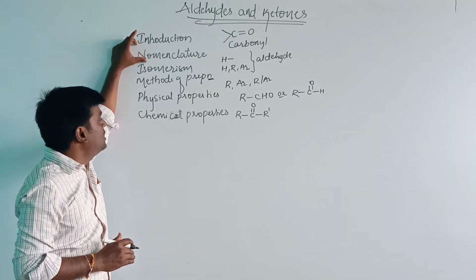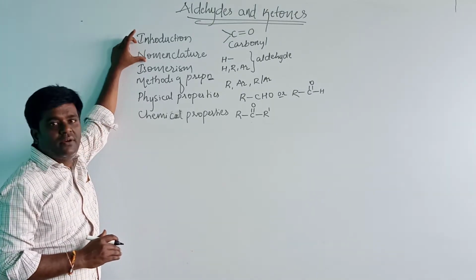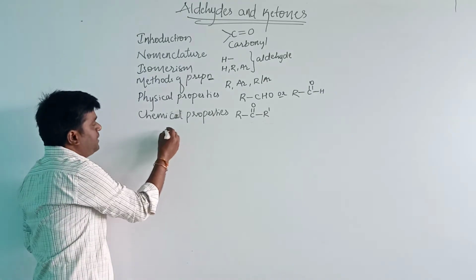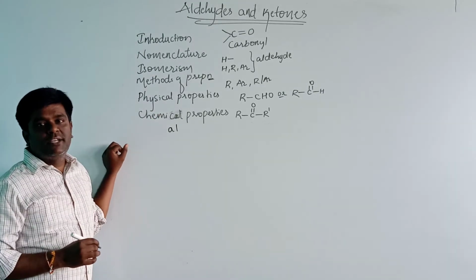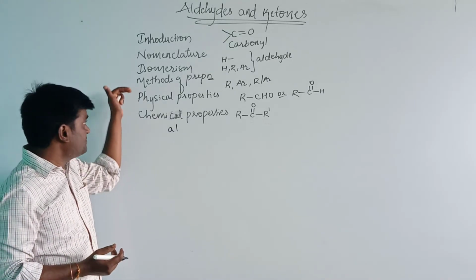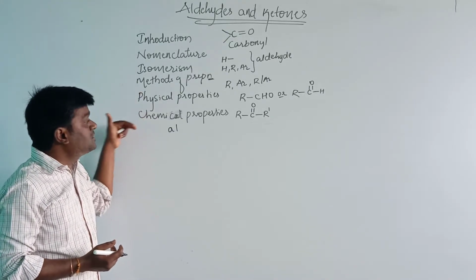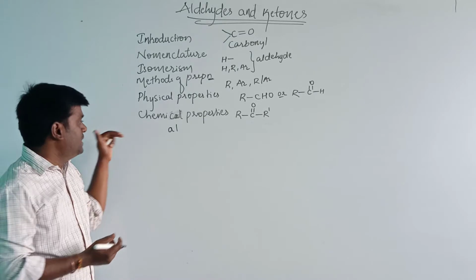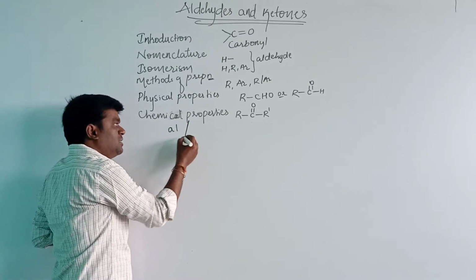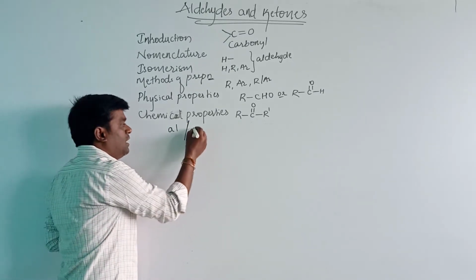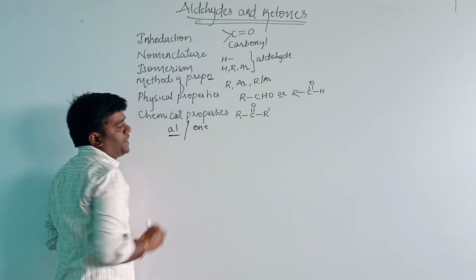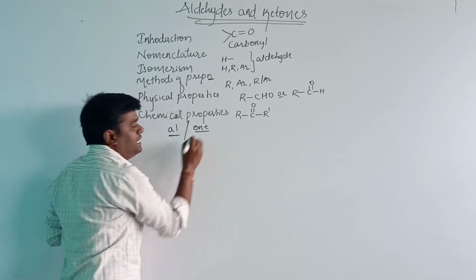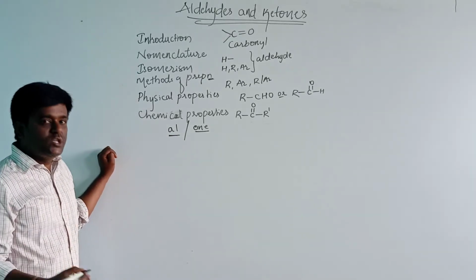Let us see nomenclature. In the nomenclature of aldehydes, we use the suffix "al". Al is the secondary suffix for the aldehydes, and the secondary suffix for the ketones is "one". Al is for the aldehydes and one is for the ketones.